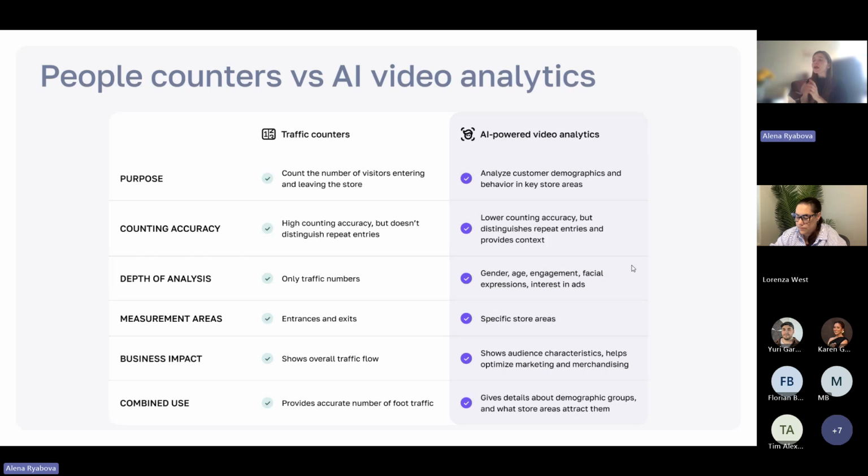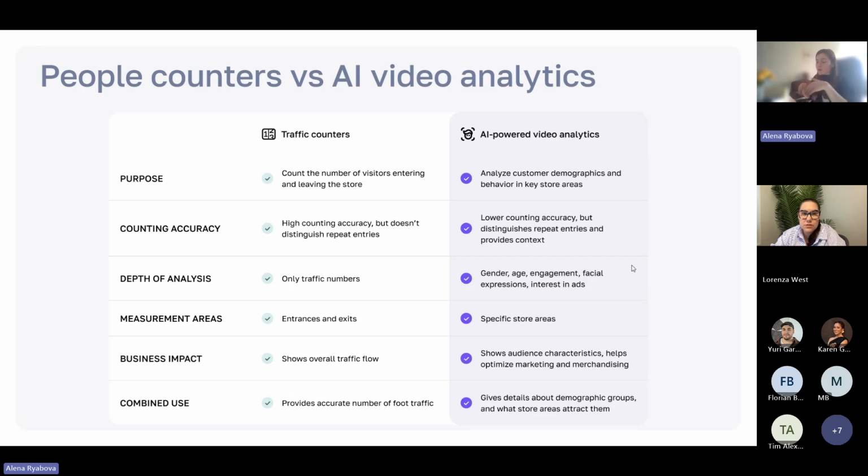Another thing is, people always ask us about accuracy, and they say that traffic counters are super accurate. They will be able to count all the people that are coming. Again, depending on the provider technology, the accuracy of counting is perfect.